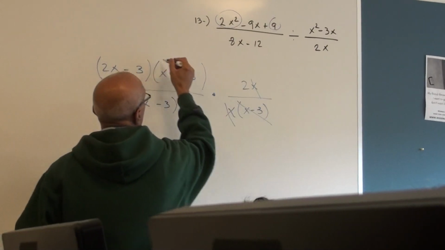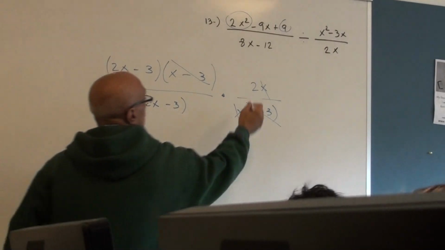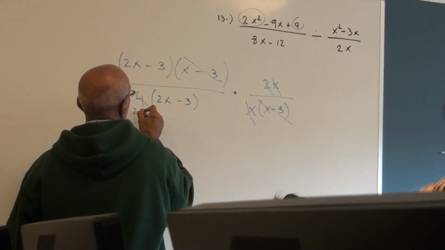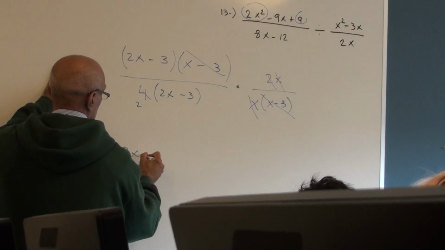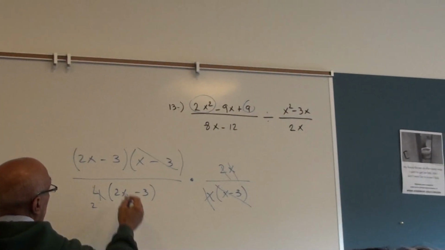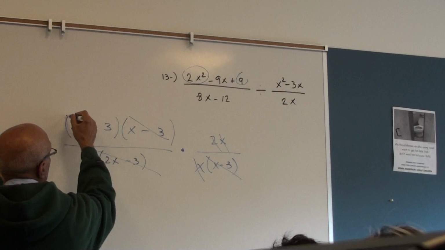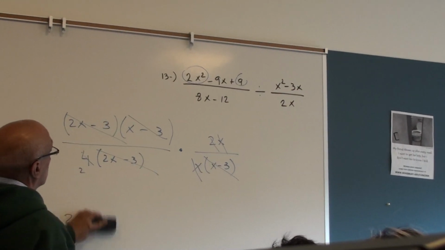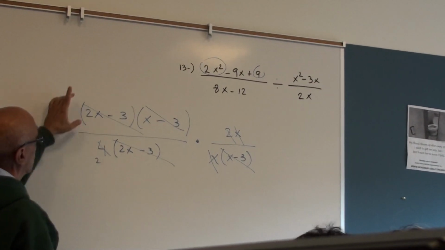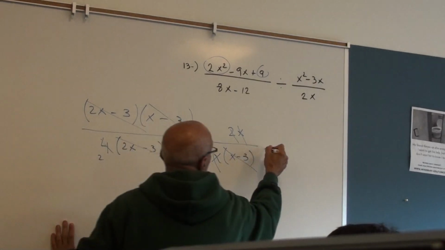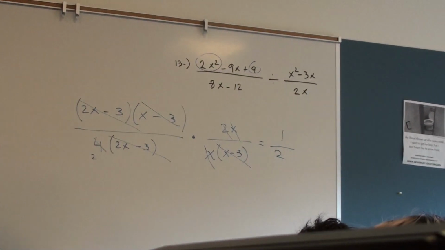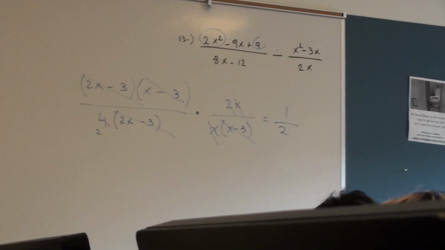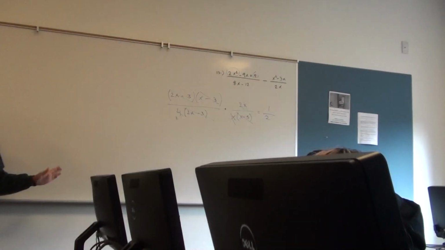X minus 3 with x minus 3, and then 2 with 4. So what is left is 2x minus 3. Oh, I can simplify this also, look, beautiful. So what is left here is just 1 on the top and a 2 on the bottom, 1/2. Okay, you see how easy it is? Isn't that beautiful? Okay, this is it for today.